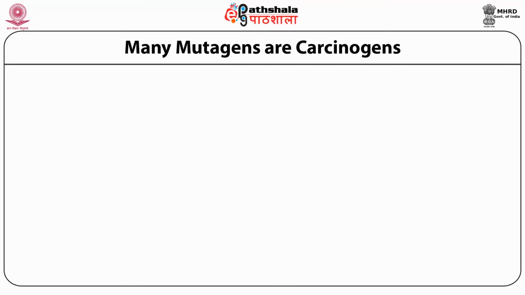The activation of error-prone DNA repair and recombination systems that are relatively inactive in normally growing cells renders the cell in a hypermutable state. In this section, we will learn how some mutagens can serve as carcinogens.